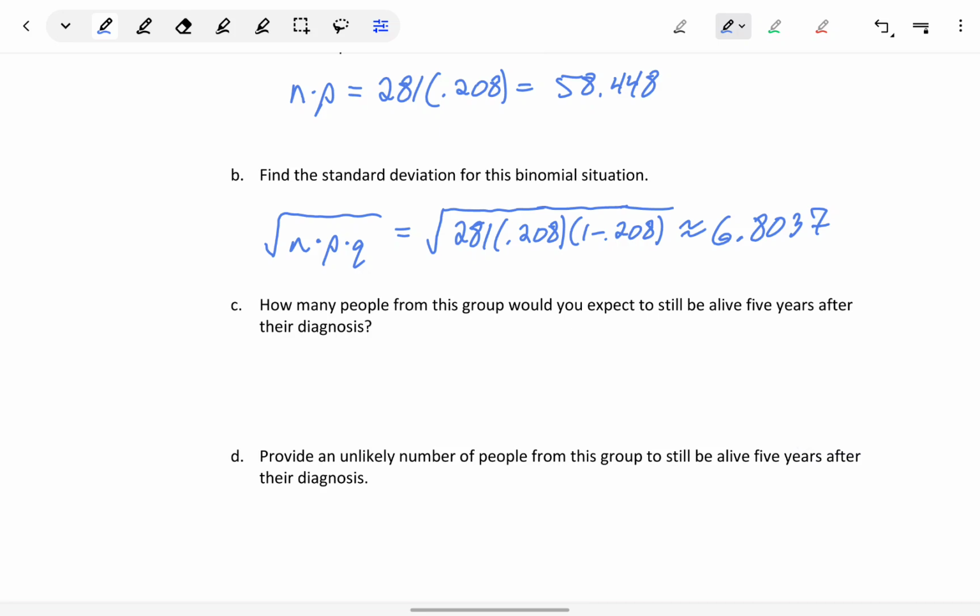In part C, then, we're asked how many people from this group would you expect to still be alive 5 years after their diagnosis? To determine that, we take our expected value of 58.448 and we both add and subtract the standard deviation.